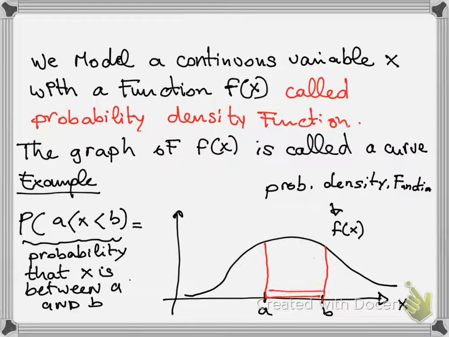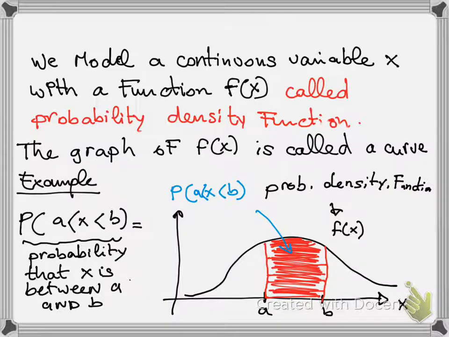This area here under the graph of f of x represents the probability that x is between a and b. So it is equal to the area under the graph of f of x.